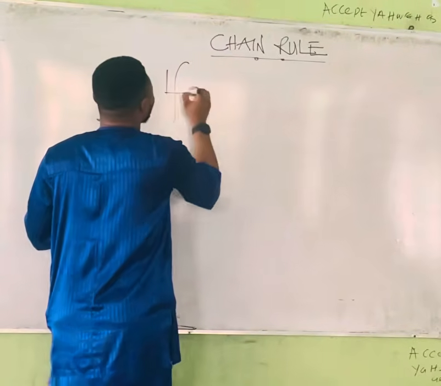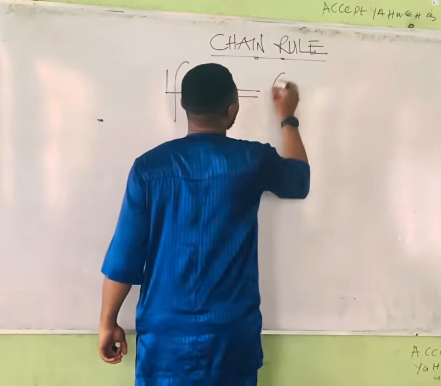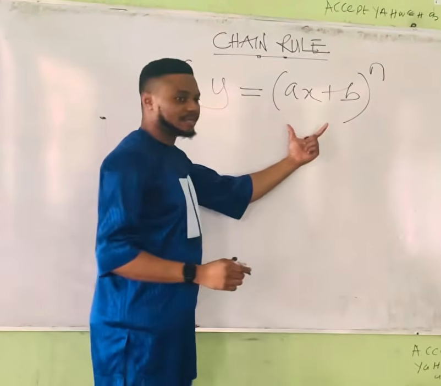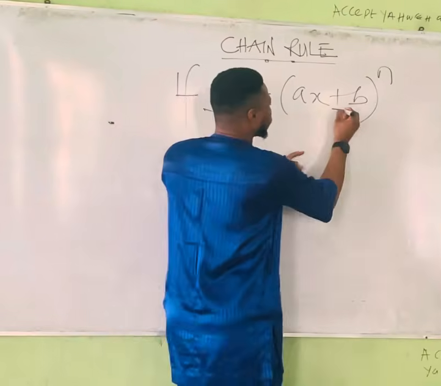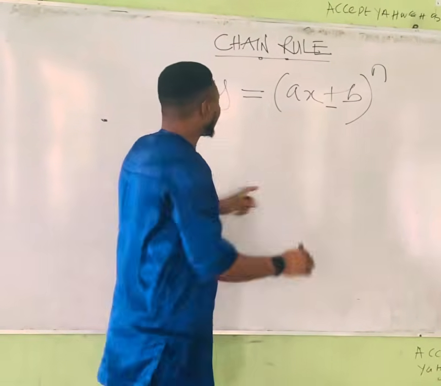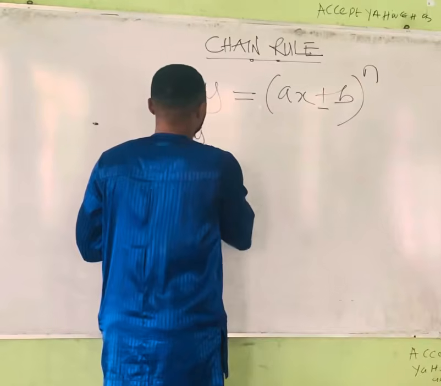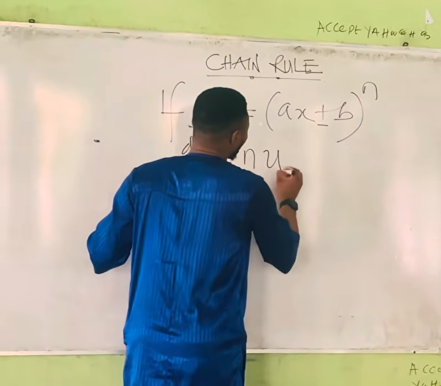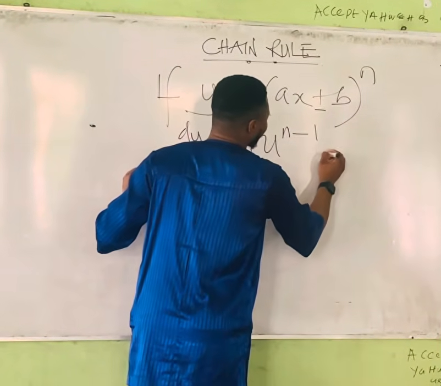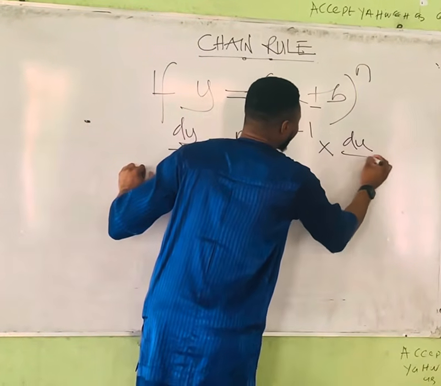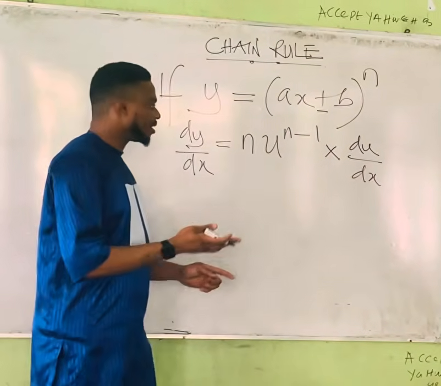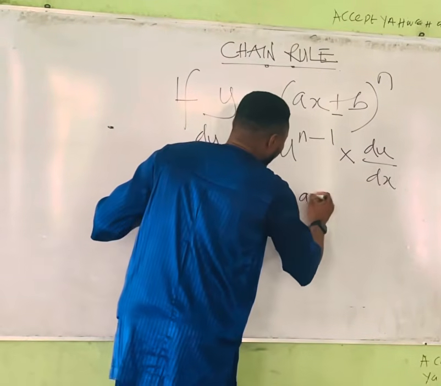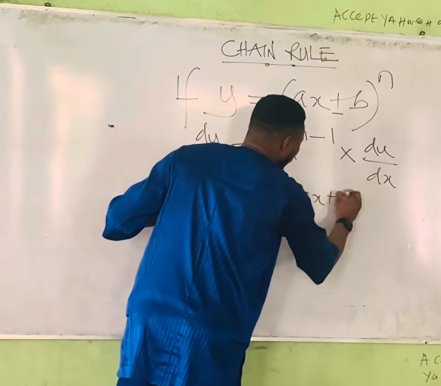If y is equal to (ax plus or minus b) raised to power n, then dy over dx will be equal to n times (ax plus b) raised to power n minus 1 times du over dx. This is the trick, where u is equal to ax plus b.